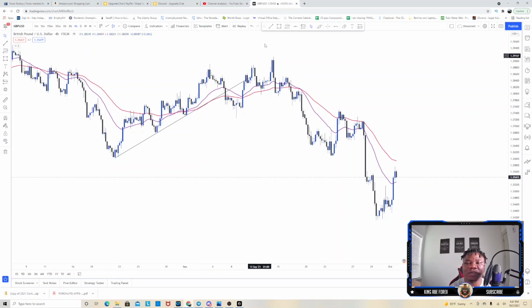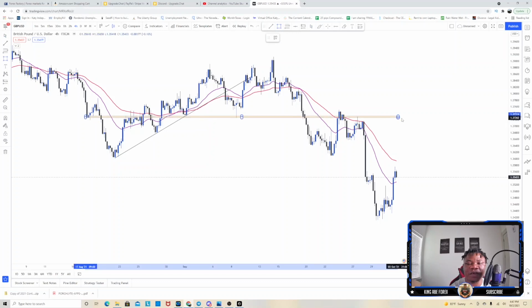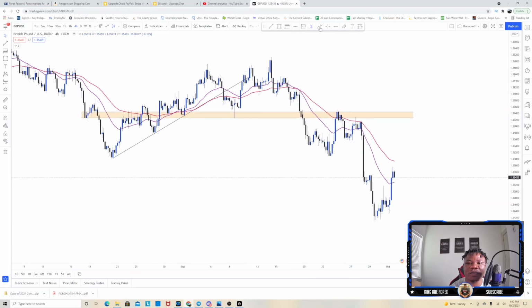Now this time around as well, I need a break of structure. I need to see a break of structure. And looking at this, we can clearly see that support. We can clearly see, looking at this on the 4-hour time frame, support became resistance, then became support.